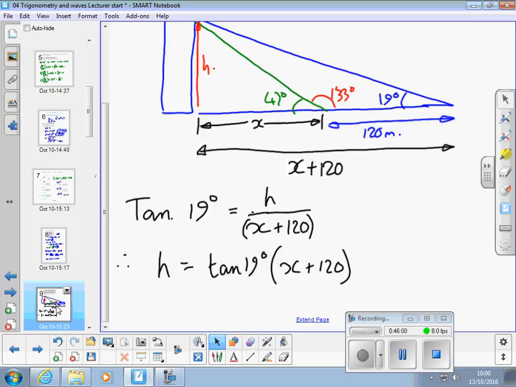We got opposite and adjacent. So over here also tan of 47 degrees now is equal to h over x. So we've got two formulas involving the two variables now. Okay. Rearrange that one for h.